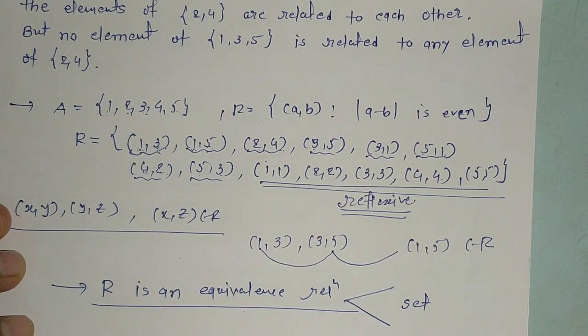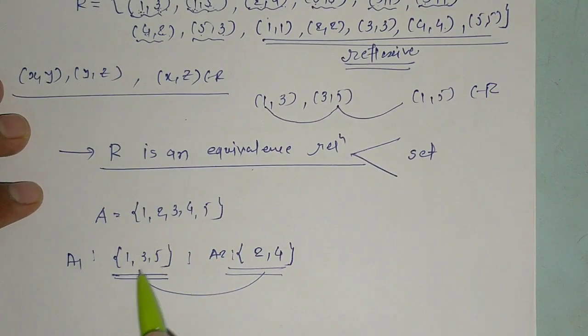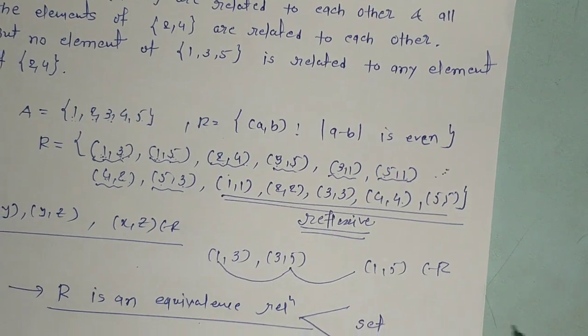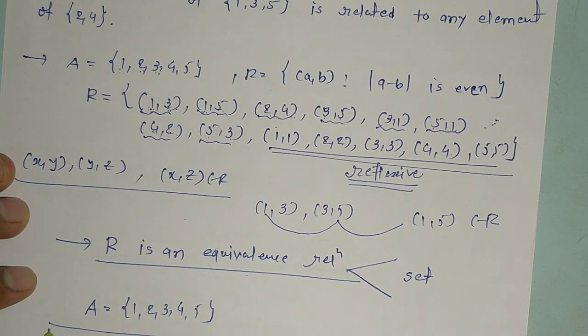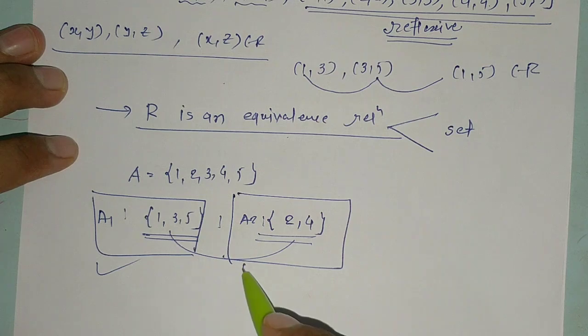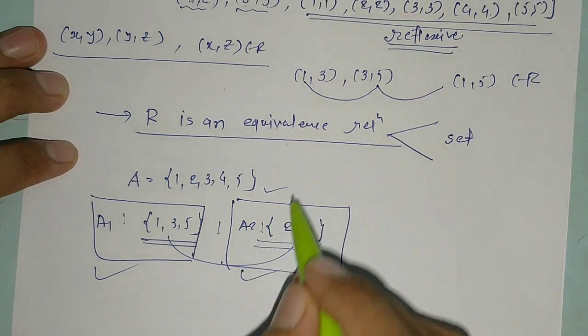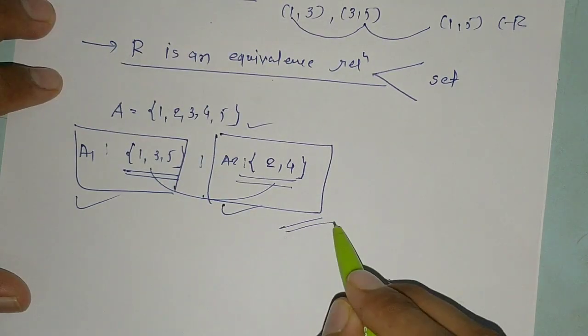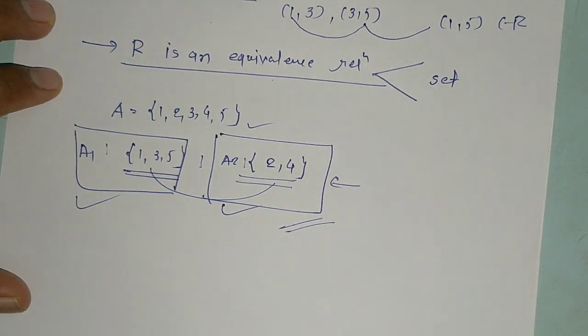But if you cross-connect them, if you try to find any element of A1 which is related with an element of A2, you will never find any such pair in the relation. So these two sets are the partition of the set A. This proves the partition condition of the equivalence relation.